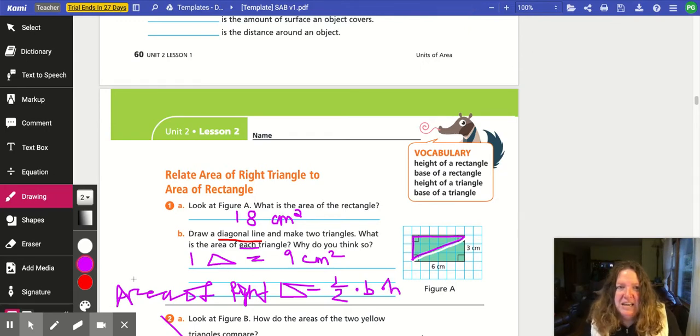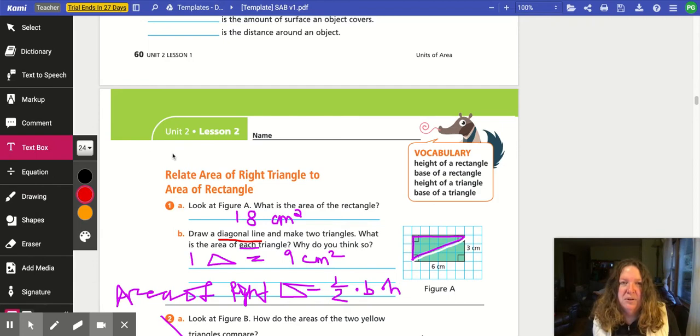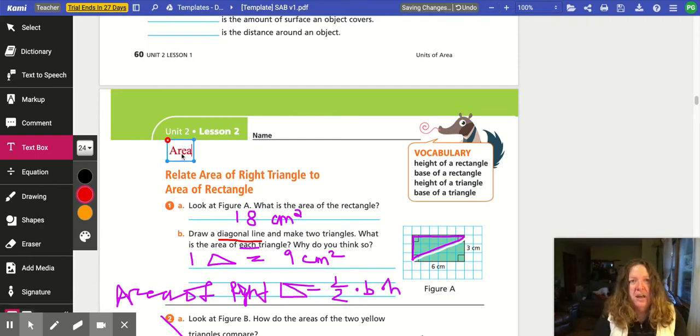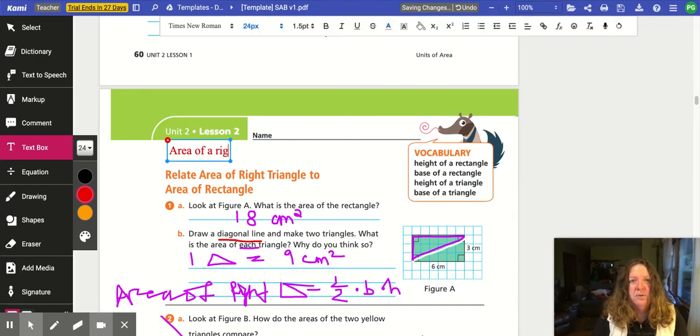Let me grab the text box tool so I can write that a lot easier. Area of a right triangle equals 1/2 of the base times the height.